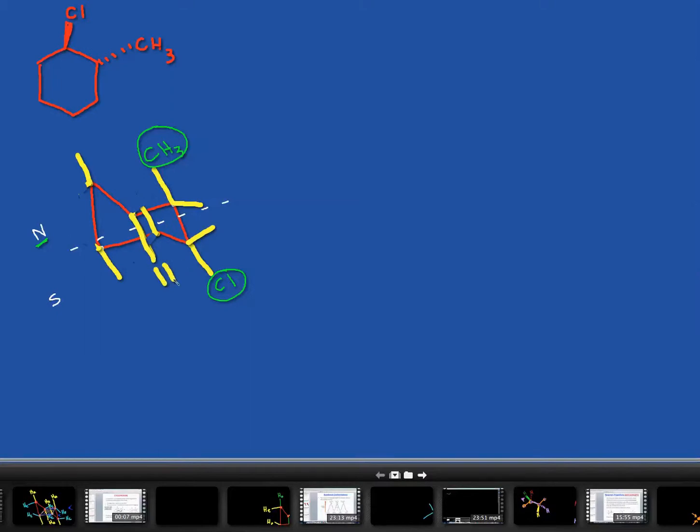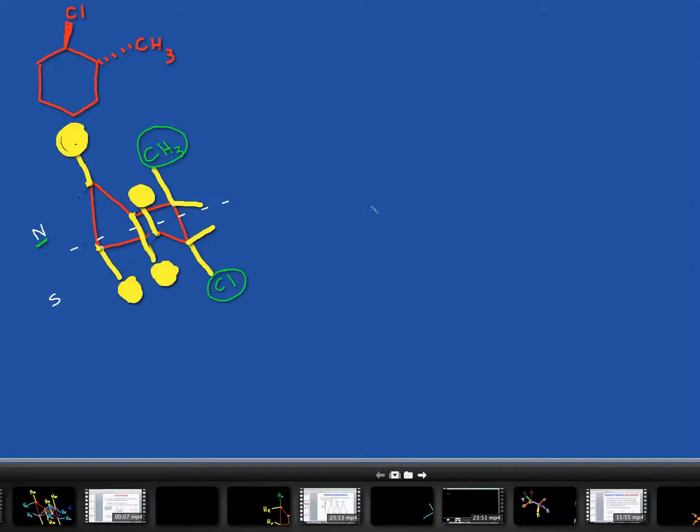So here's an axial hydrogen, and here's an axial hydrogen. Here's an axial hydrogen, and here's an axial hydrogen. The whole point is that you are going to have steric clashes with the methyl group and these hydrogens above the plane, and with this chlorine atom and these hydrogens below the plane.